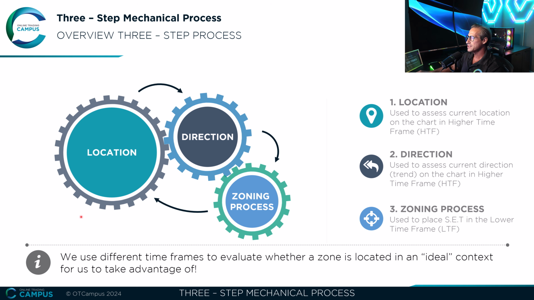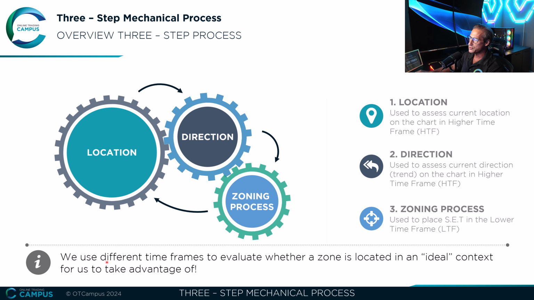Now the first step, and this is what we start covering today, is called location. And why is it called location? Because location is used to assess the current location on the chart in the higher time frame, HTF.